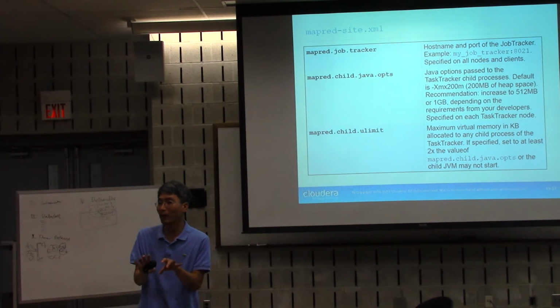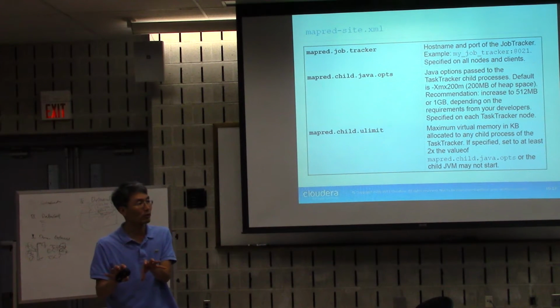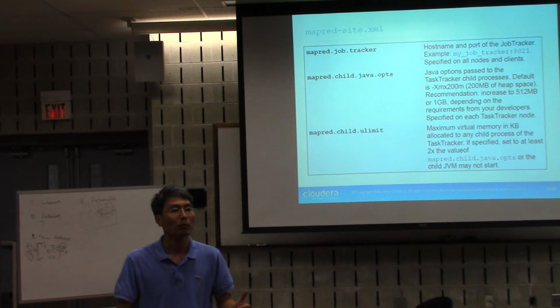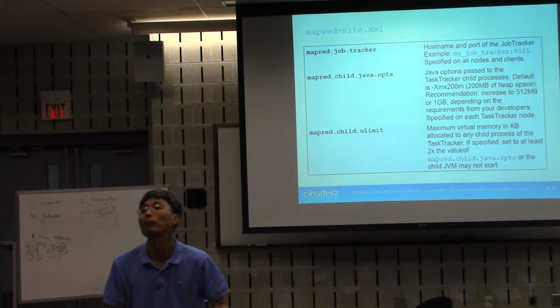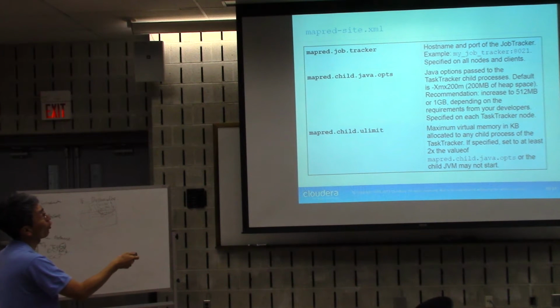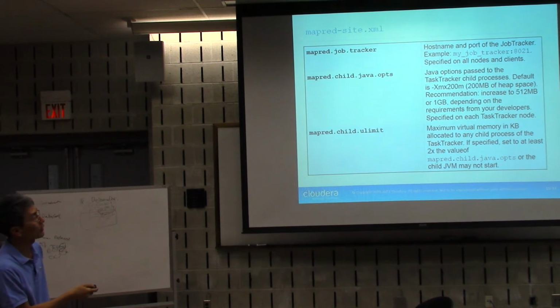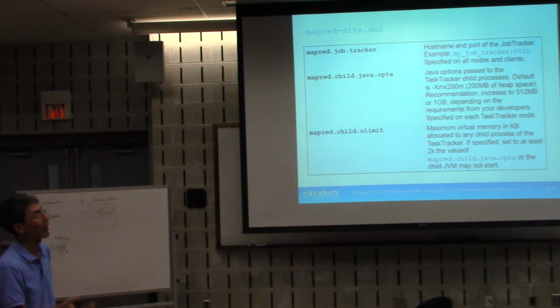When you run a Java application, with java and the class name, at that time you can specify the initial Java virtual machine size, in other words heap size, the process size. That is 200 megabytes, for example, here. You can increase it to 512 or 1 gigabyte if you believe your job requires more memory space.